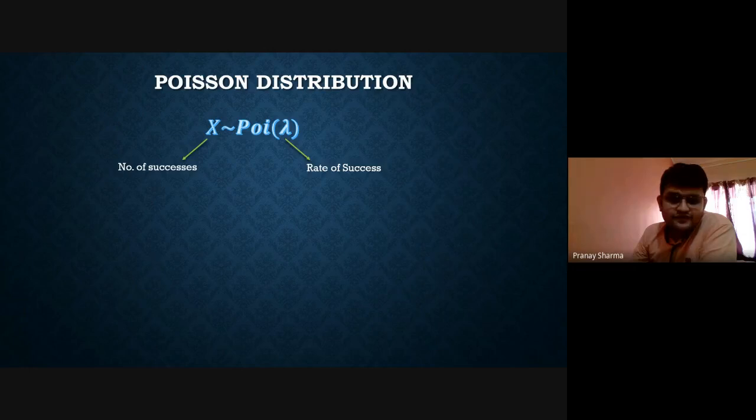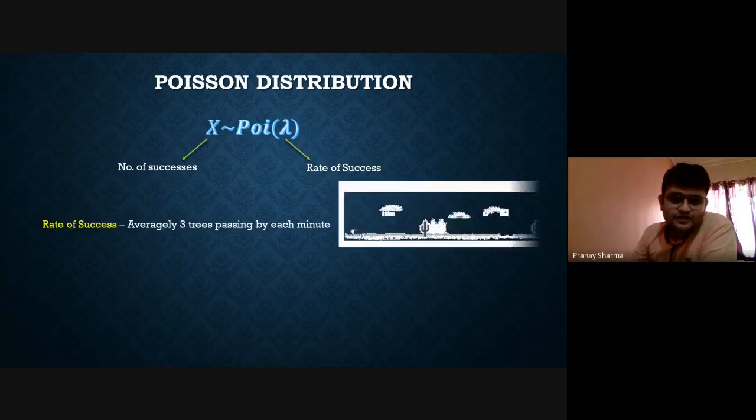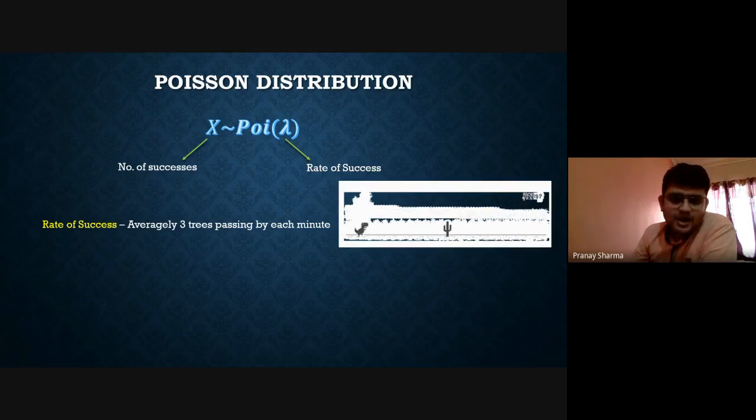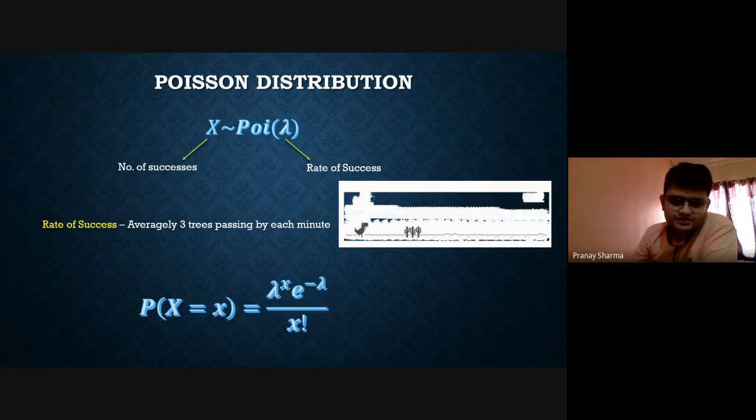Let's say we are traveling in a car and we see on average 3 trees passing by each minute. That means we have on average 3 trees per minute. That becomes a rate. So anything per time becomes a rate. So 3 trees per minute becomes our rate of success.